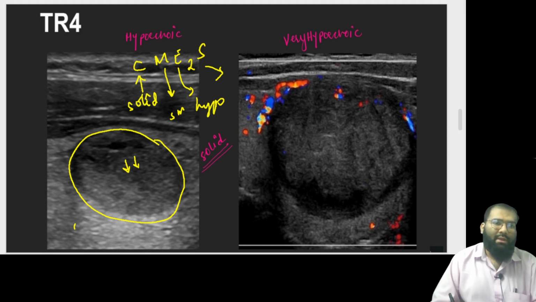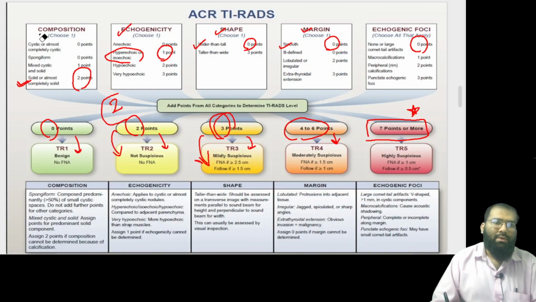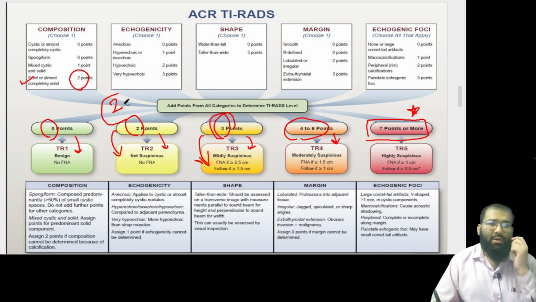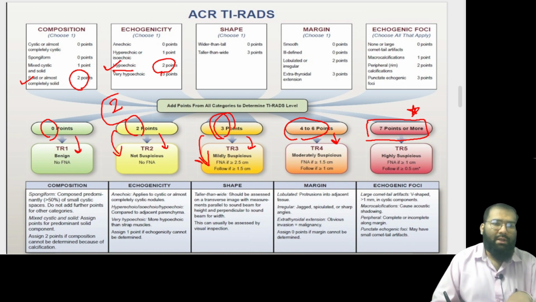So let us calculate the values. According to composition, this is solid. Correct. So if it's solid, we'll be giving it 2 points, right? Now echogenicity, it is hypoechoic, so again it gets 2 points. Shape, here the shape of the lesion was wider than taller, correct?